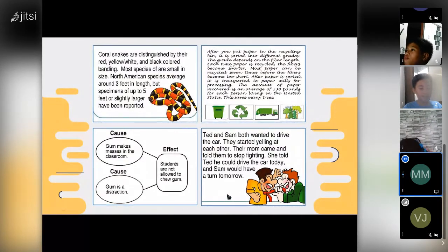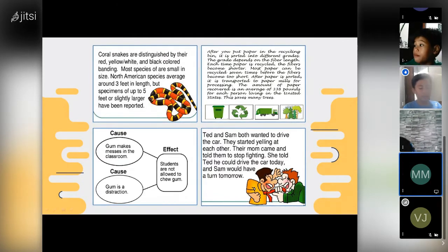Okay. So where is the problem there? Yes, Ino. They both wanted to drive the car. Okay, the problem is they both wanted to drive the car. That is why they started yelling at each other. So what was the solution made, Ino?